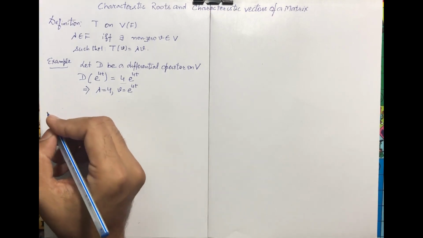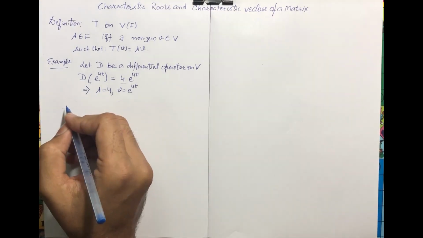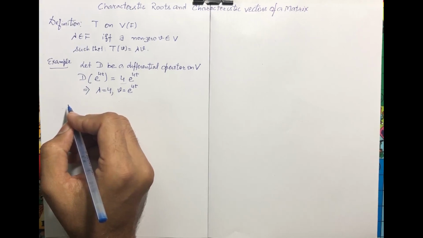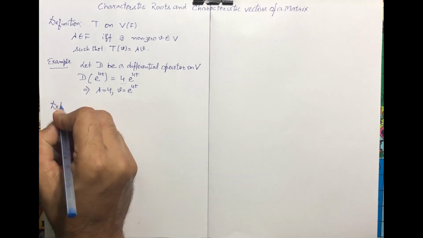Next definition is characteristic roots and characteristic vectors for a matrix, that is definition 2.